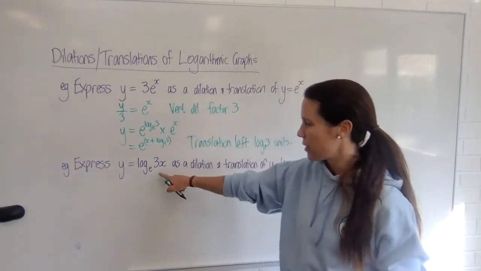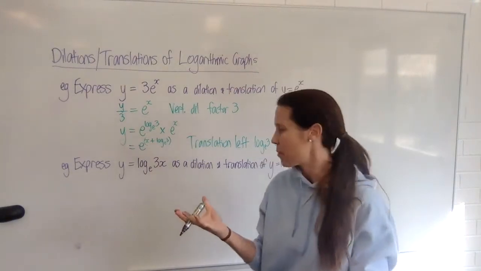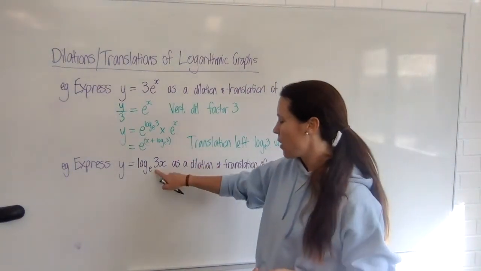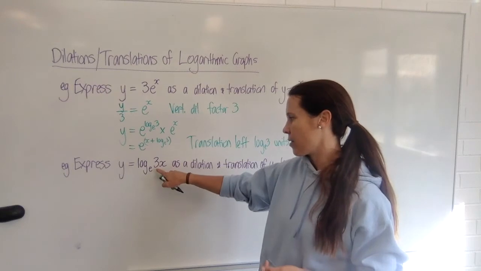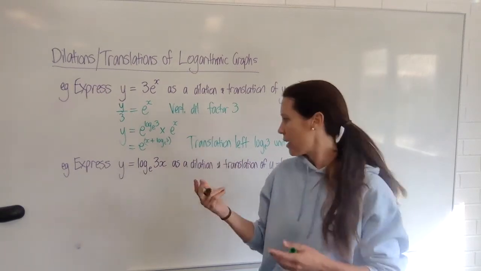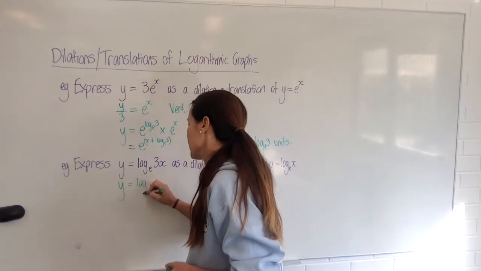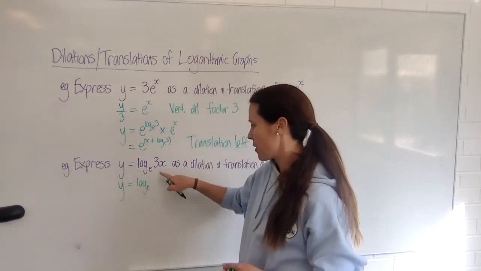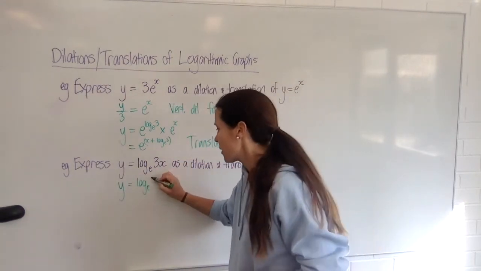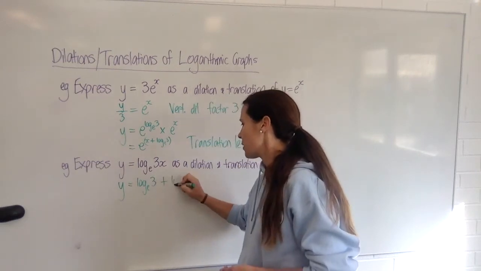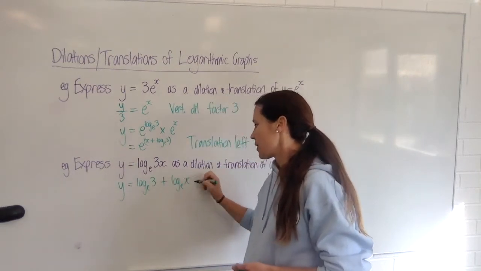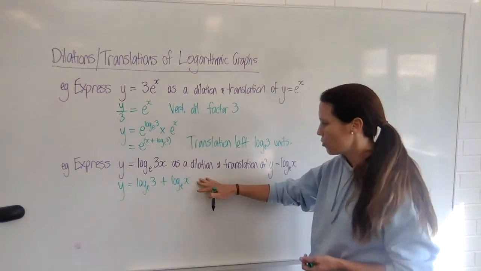Okay, this next one, similarly, we just have to rewrite it as many ways as we can think of. Now, I know that the multiplication and addition law for logs tells me that I can split this up. Whenever the number in here has factors, and this does, it's 3 times x, I can rewrite it as two separate parts like that. Do you remember this rule?